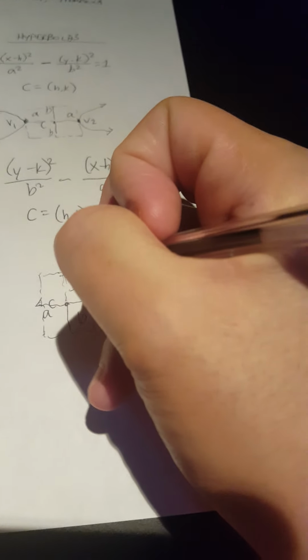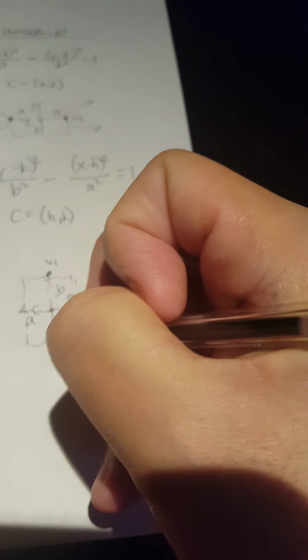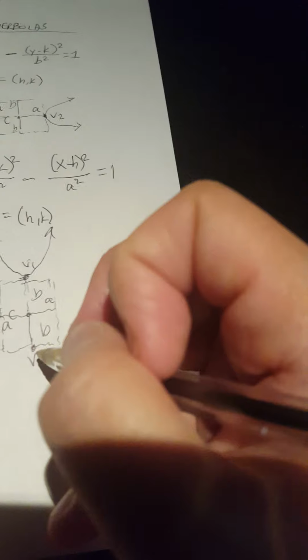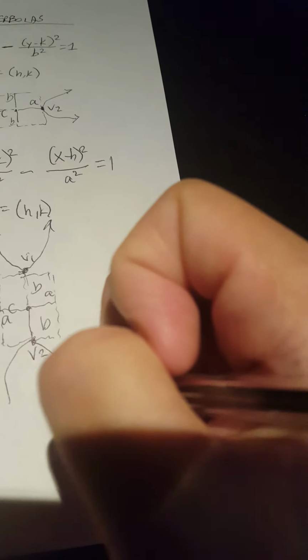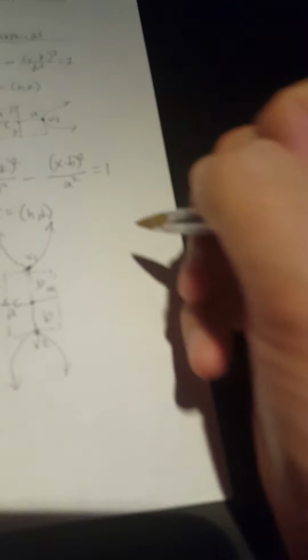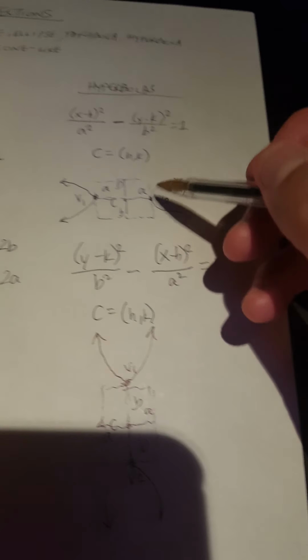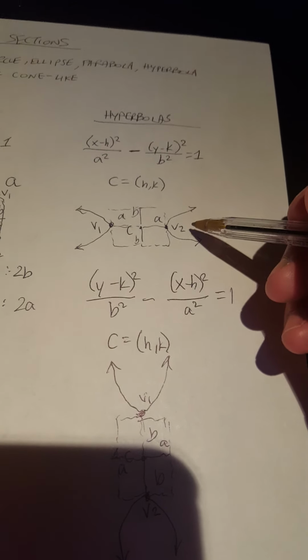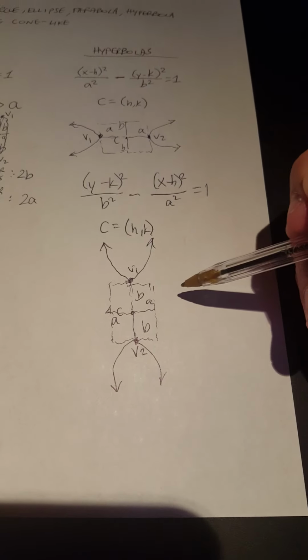So this would be going like this. Remember, y squared minus the x squared. So our vertices are actually going to be here and here. So this is going to look like you have two different parabolas opening up and down. This would be called a horizontal hyperbola. This would be called a vertical hyperbola.